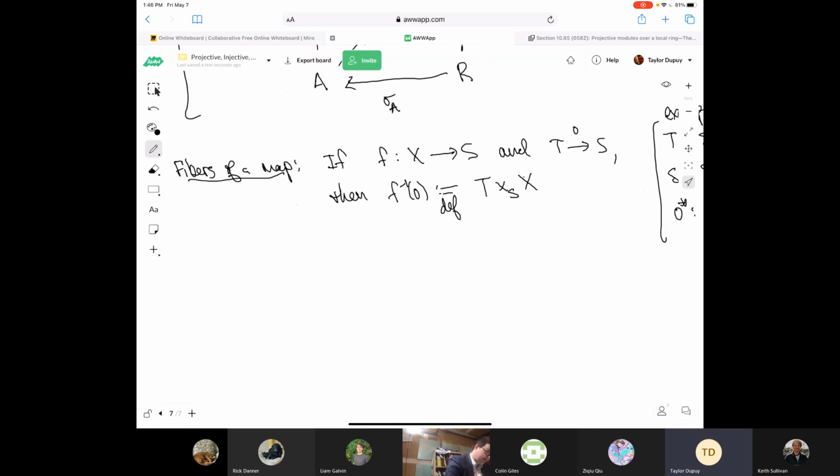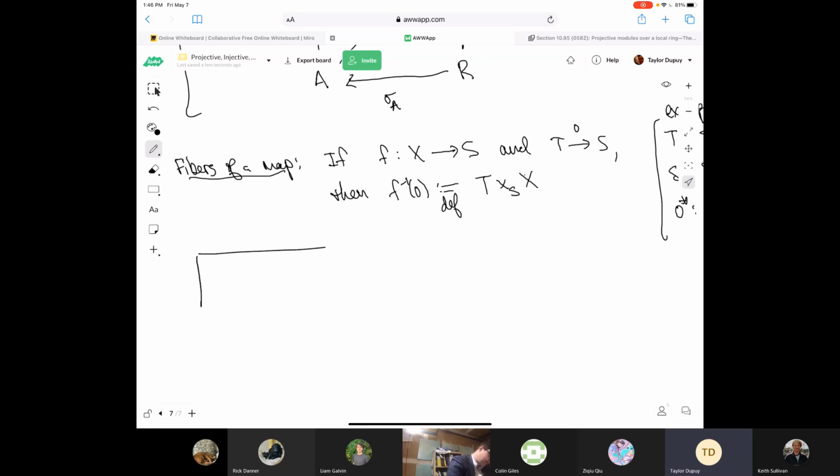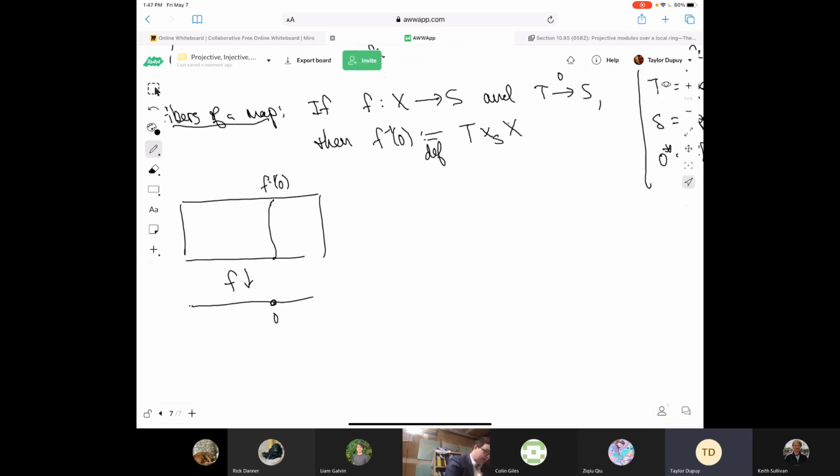This is the fiber of a map, and let me give you the drawing here. If I have the point 0 here, then we're going to pick out this thing. This is f inverse of 0, and we define it to be this fiber product. Let's make sure this makes sense.